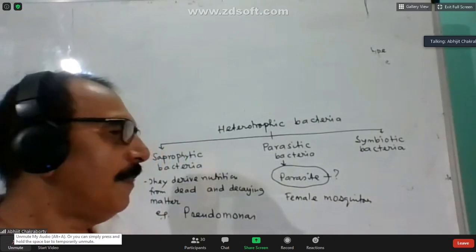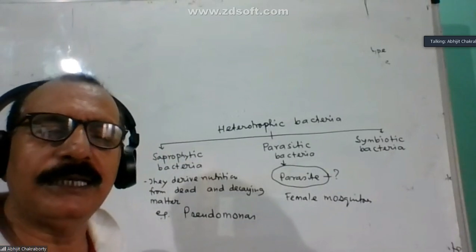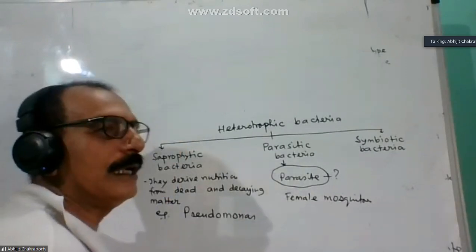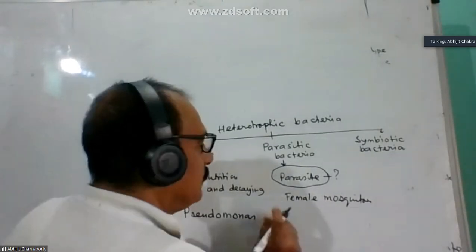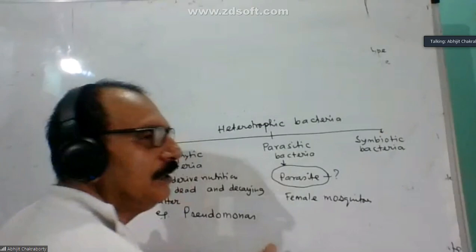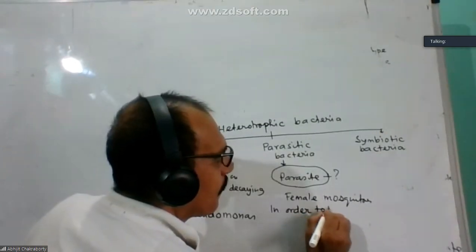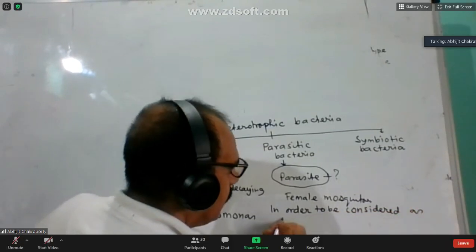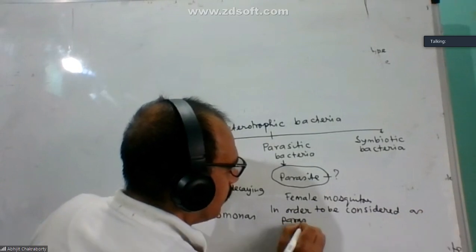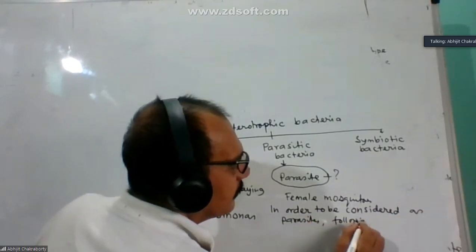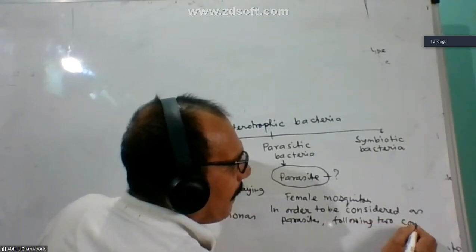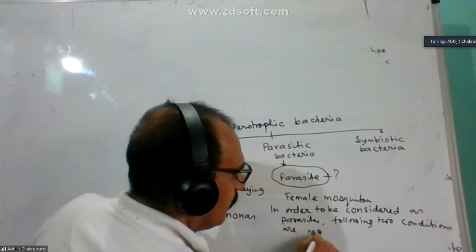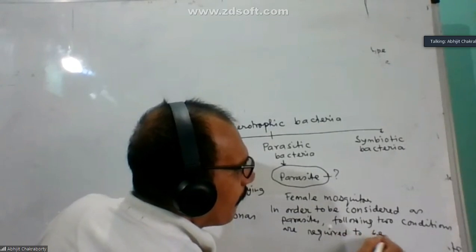Okay. Now, I am going to write. I am not going to answer this question directly. Rather, I am going to write something here regarding parasites. In order to be considered as parasites, the following two conditions are required to be satisfied.